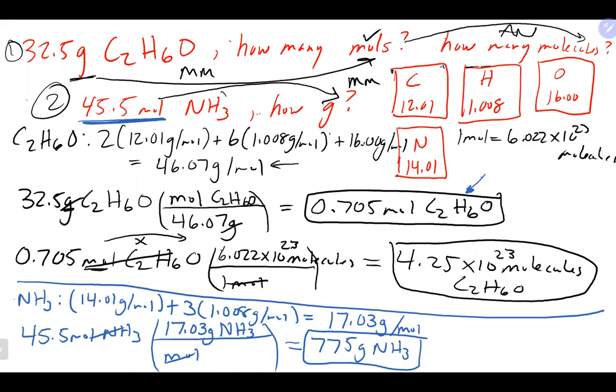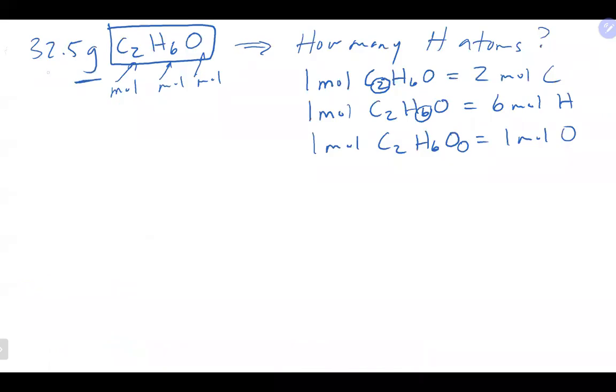Obviously, you would do this calculation if we hadn't done this problem to begin with, but I'm just going to steal that as 0.705. The step we did going to moles, using the molar mass, got us 0.705 moles of the whole thing.